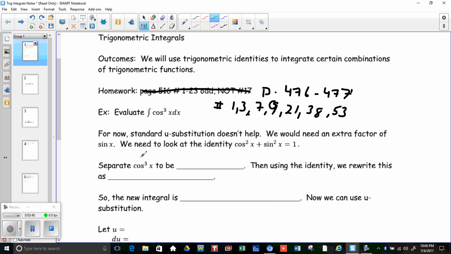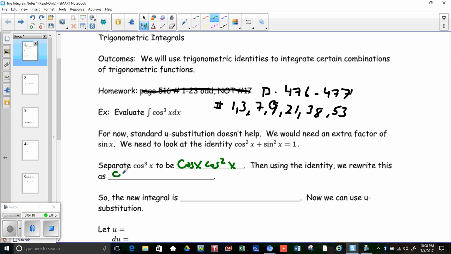What we need to do is separate the cosine cubed to be cosine x cosine squared x. Then we can use this identity up here, solving for cosine squared. You would subtract sine squared x from both sides, and you would get that cosine squared is equivalent to 1 minus sine squared. So that's what we'll go ahead and write.